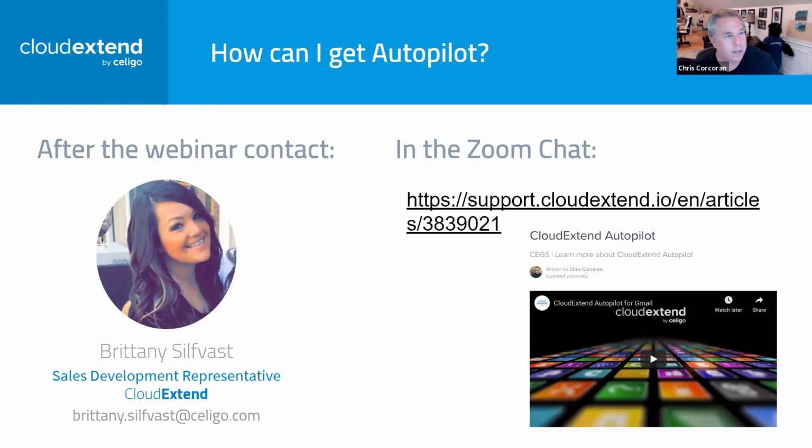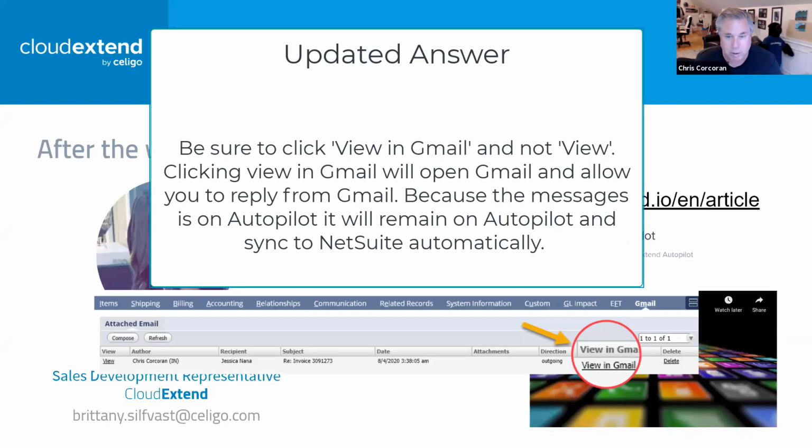So that conversation itself is saved automatically. Actually, you know what? I have to think about that. Justine, maybe, do you know? So they're basically saying if you're looking at the Gmail tab and then you open that email and then reply to it, that conversation's not saved automatically. You still would have to manually, at least without Autopilot, go and attach that, because all we're doing in that case is opening up Gmail for the user.